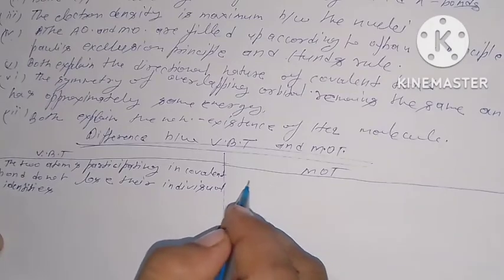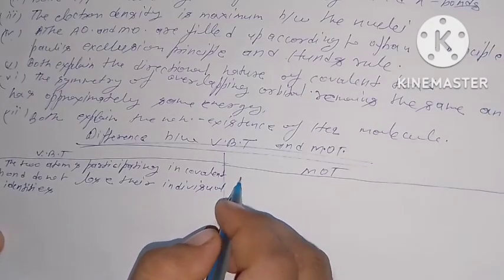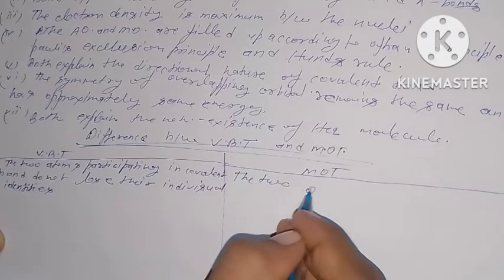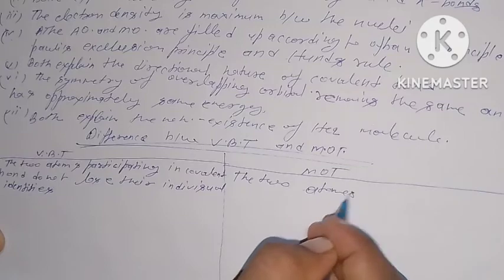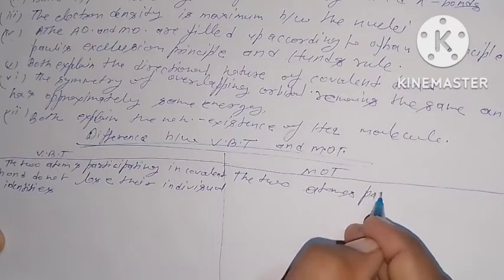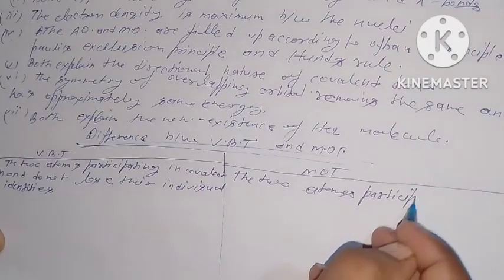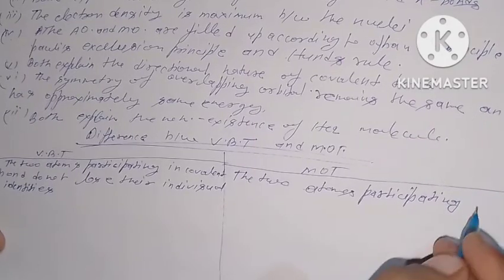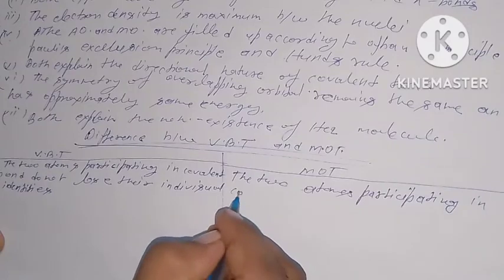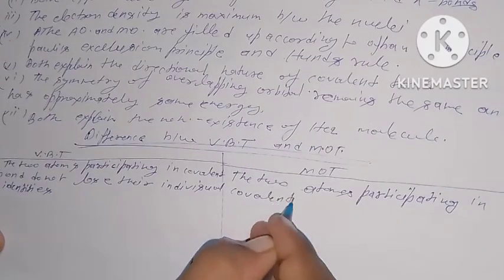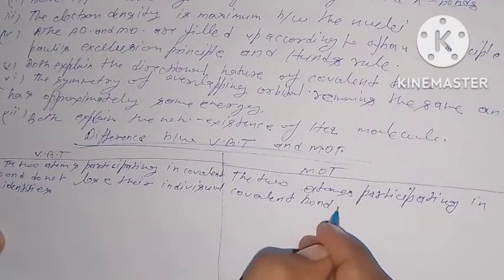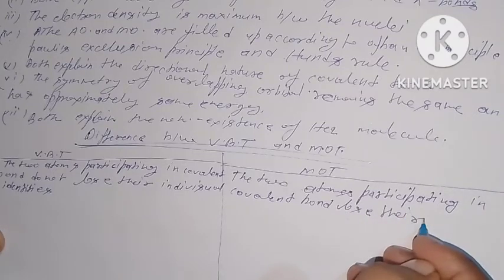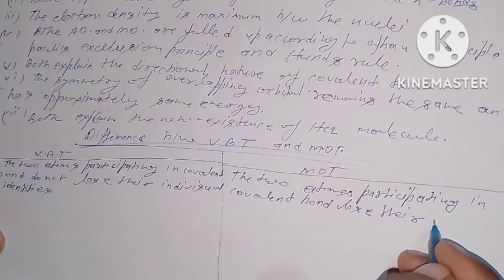In MOT, the two atoms participating in a covalent bond lose their individual identities.